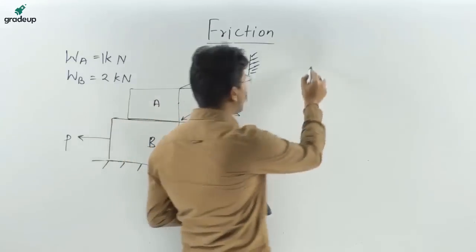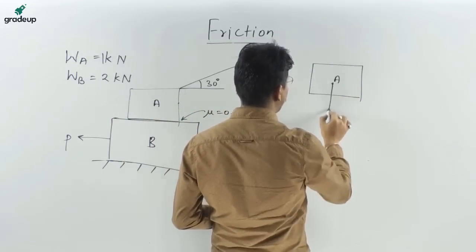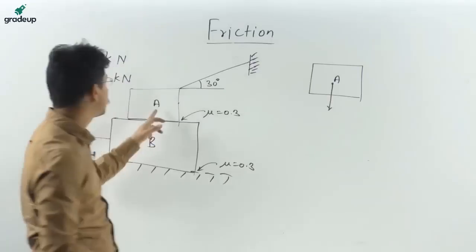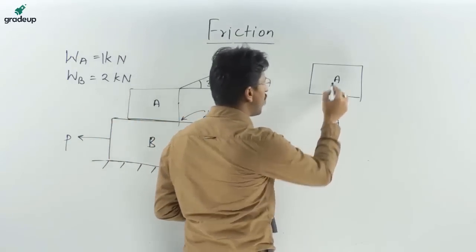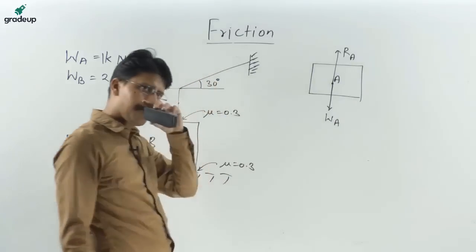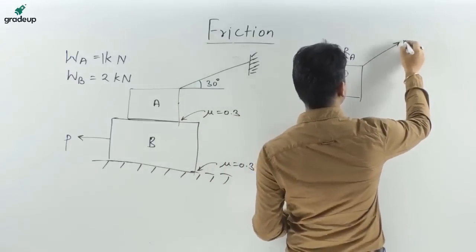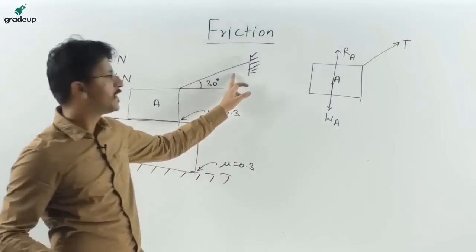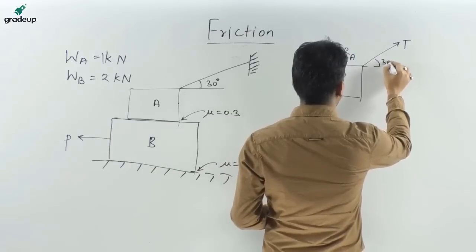So for the block A, there will be a weight that will be acting downwards, that is weight of A. Upward there will be a normal reaction, suppose RA. In this string there will be a tension T that is acting at an angle of 30 degree.